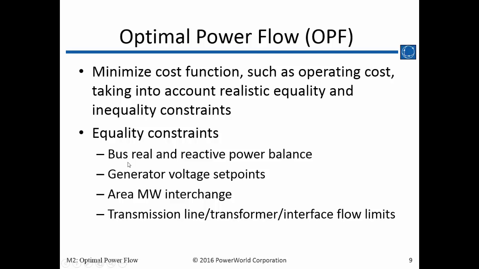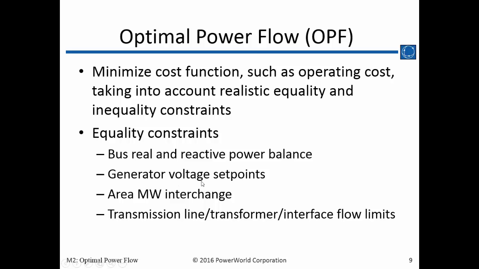So all the megawatts and megavars going into a bus, either from transmission lines, generators, or loads, have to equal the outflows from that bus. Generator voltage set points aren't really optimized, but they're a constraint that has to be met on the power flow side of the optimal power flow.